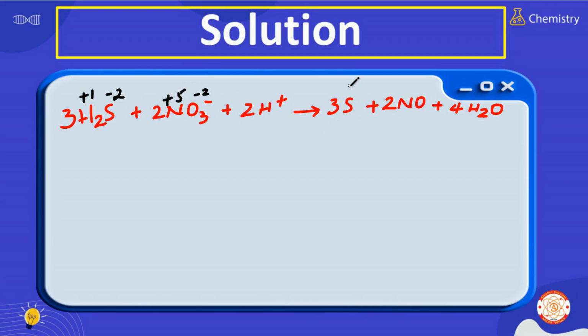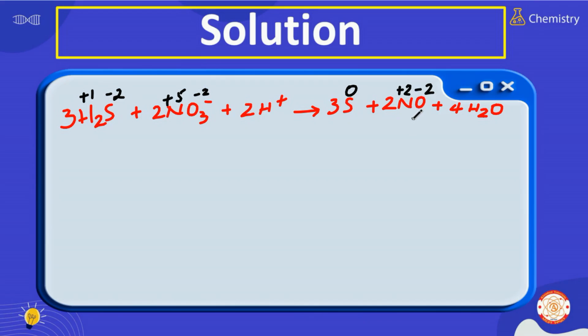What is the oxidation state of sulfur in elemental form? 0, right? And the oxidation state of oxygen is -2, and that of nitrogen is +2, because the sum of the oxidation states of all the atoms in a neutral compound should sum up to what? 0.